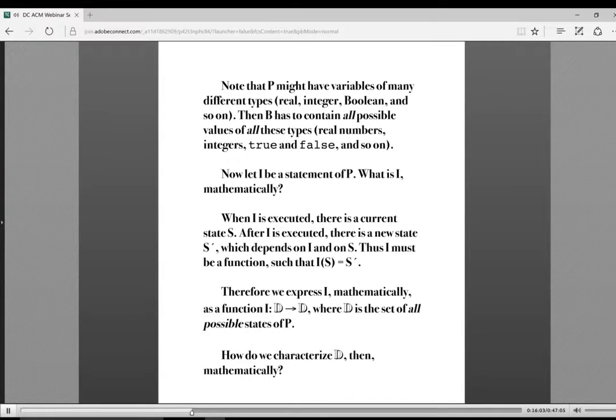Then B has to contain all possible values of all these types, real numbers, integers, true and false, and so on.